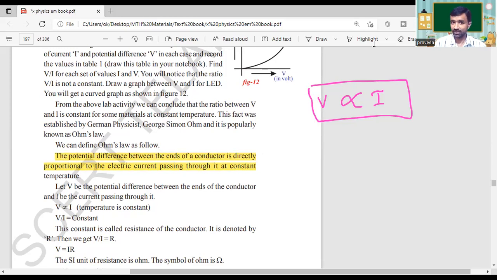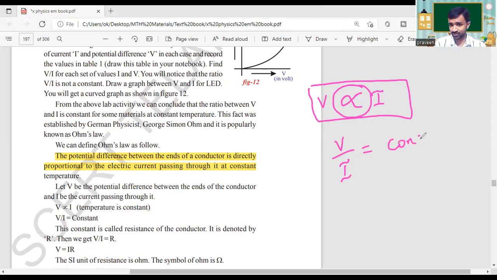That means there are factors affecting the voltage and current. Current depends on the nature of the material, which is introduced here. If you remove the proportionality concept between voltage and current, we write voltage by current equals a constant.